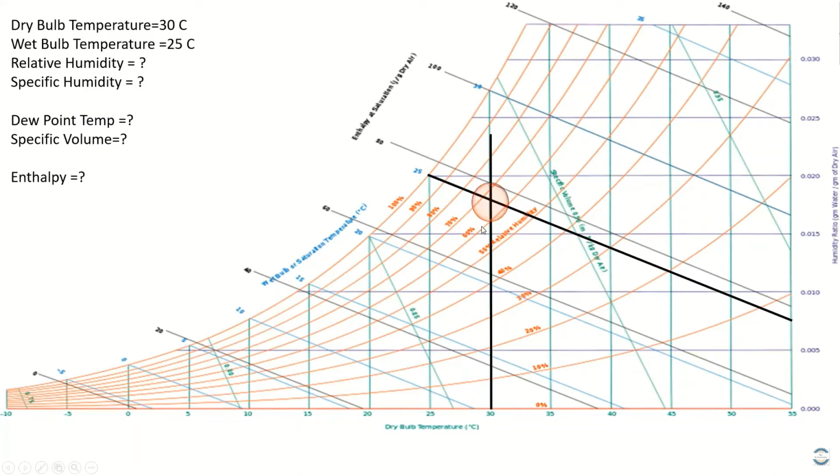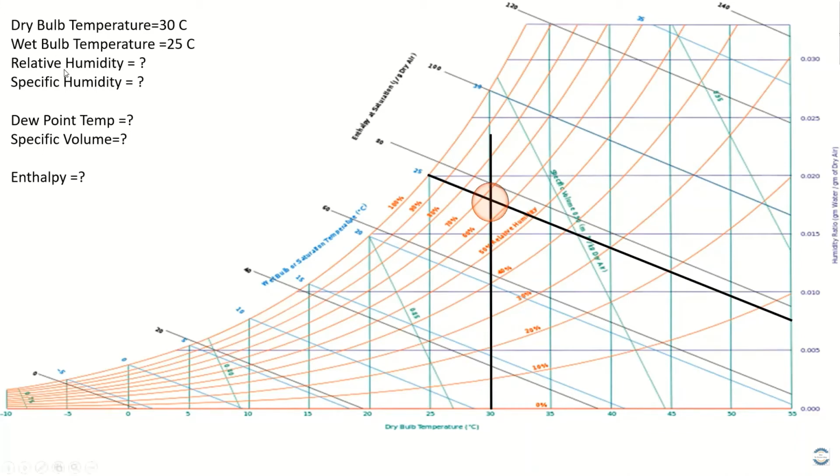Now guys, what you have to do, you have to draw a line from the point of intersection to the scale of the required parameter, but your line should be parallel to the required parameter lines. Repeat once again, whenever you want to find out a parameter on the psychometric chart, you need to draw a line parallel to the required parameter line till the scale of the required parameter.